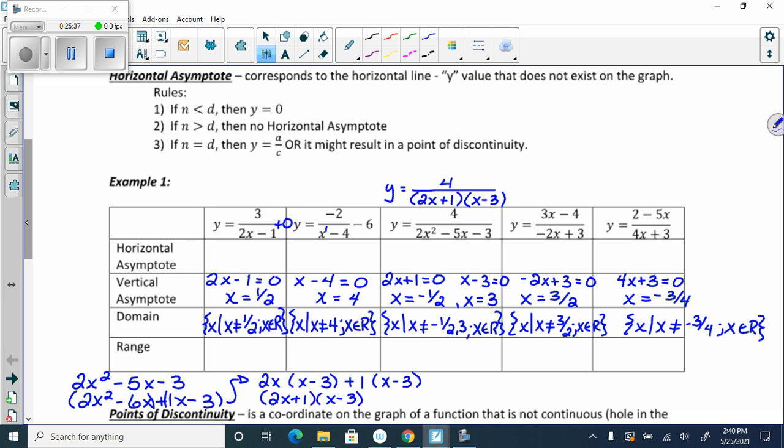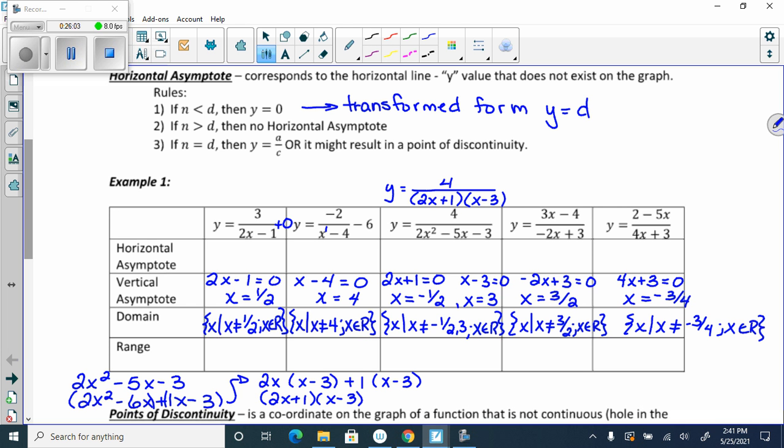Unless it's in transformed form, then it's y equals whatever your d value is. So if it's in transformed form, it's y equals d. If it's one full fraction and the numerator is smaller than the denominator, it's y equals 0.